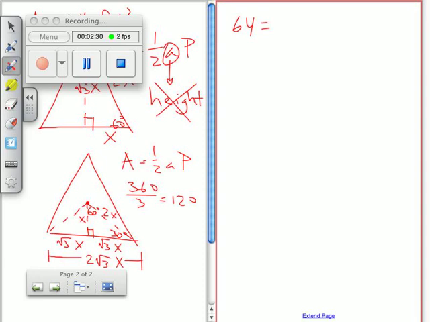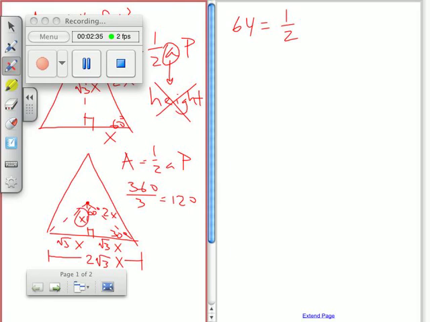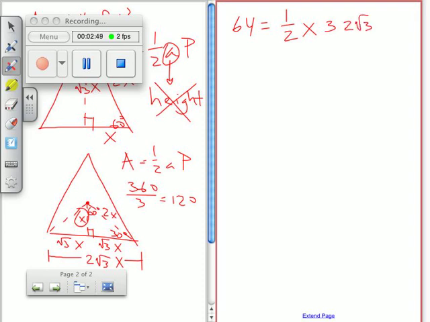going to be equal to 1/2 of my apothem, which is x, times my perimeter, which is going to be the number of sides, which is 3, times the length of each side, which is 2 times the square root of 3x. Okay?